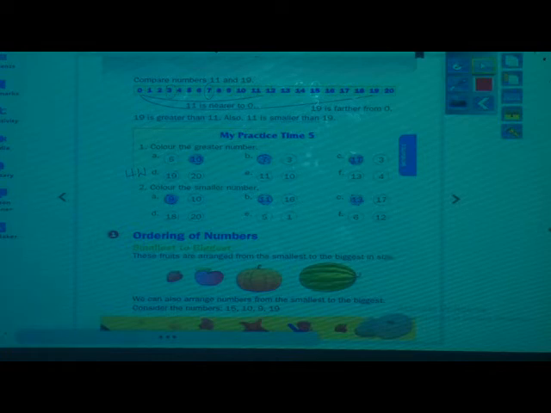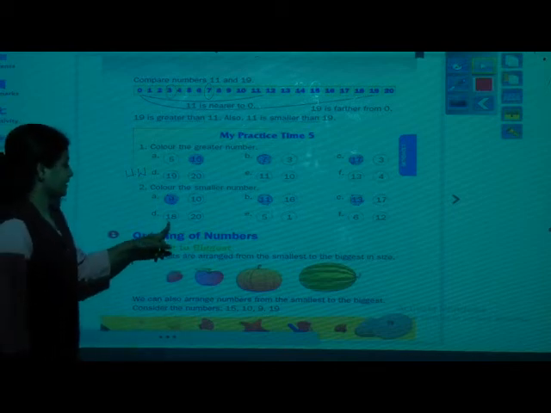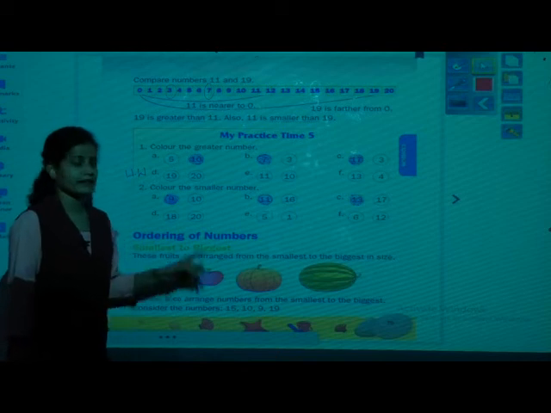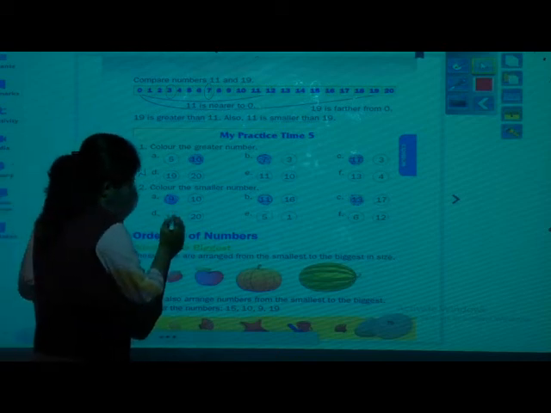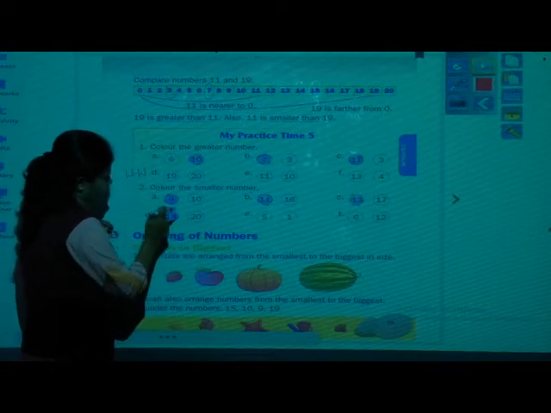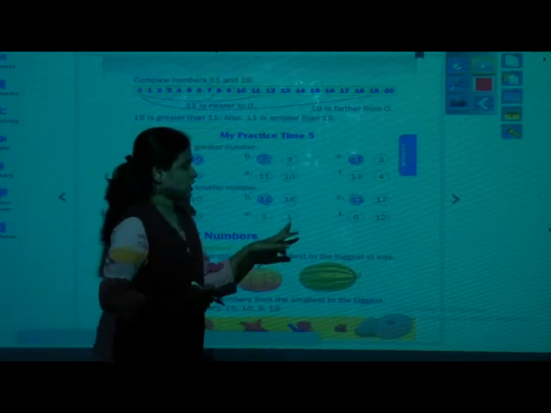Completed? Okay. Next, D. 18 and 20. Which is smaller? 18. So color this 18. Next, 5 or 1?